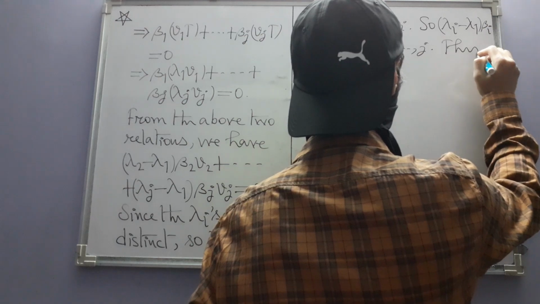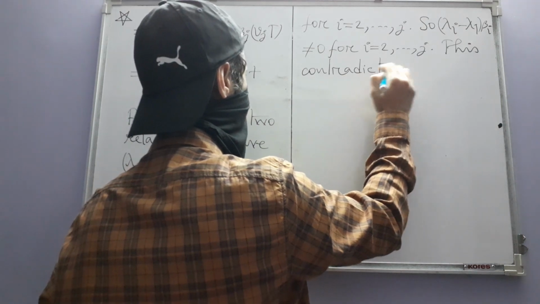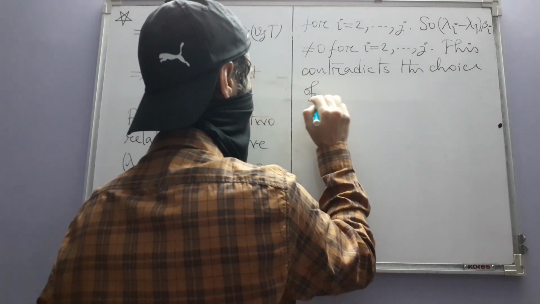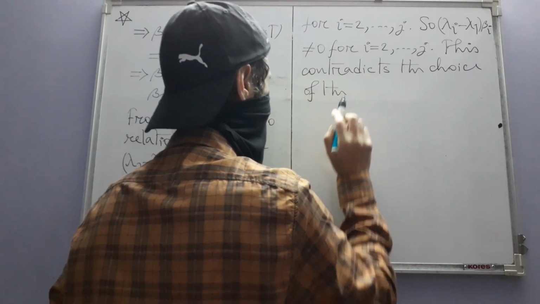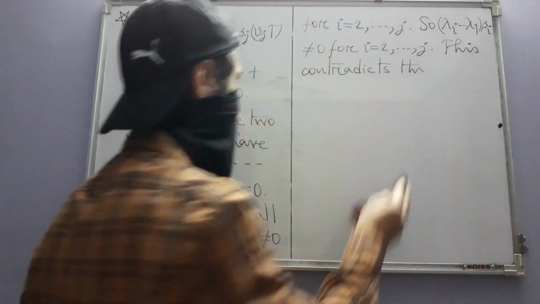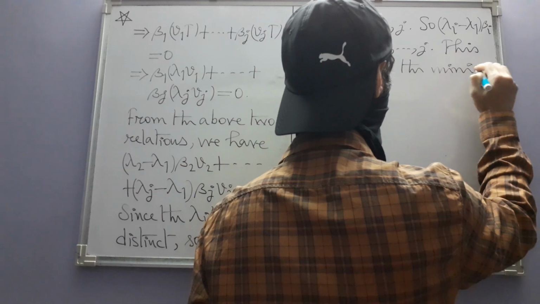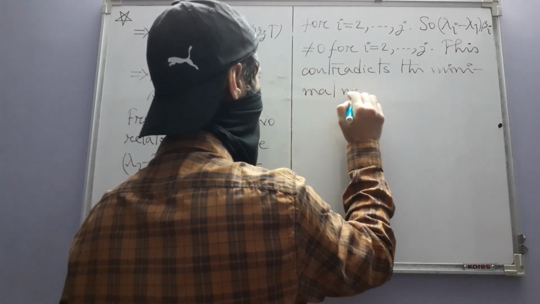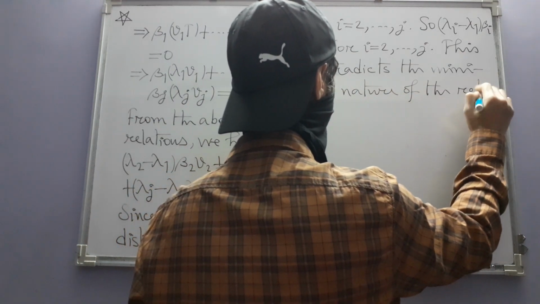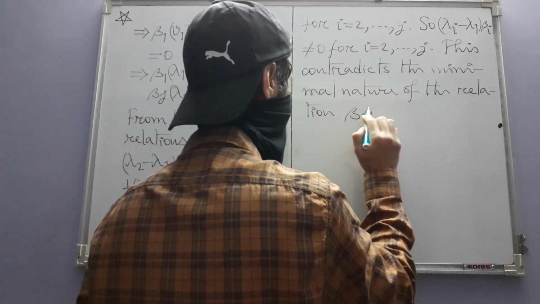This contradicts the choice of the, or we can write like this, contradicts the minimal nature of the original relation, that is this one.